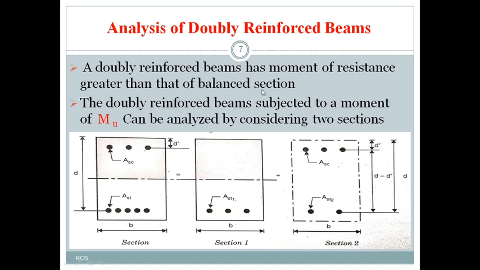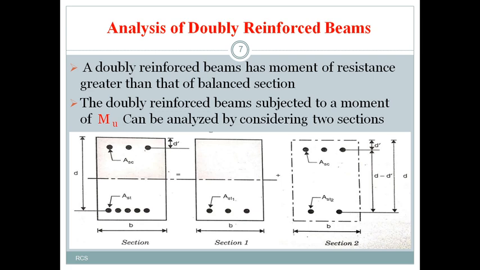As we discussed, when we go for a doubly reinforced section, if the ultimate moment applied over the beam is more than the limiting moment of resistance, then we go for doubly reinforcement. But the moment carrying capacity of a doubly reinforced section is more than that of a balanced section. You know what the balanced section is?